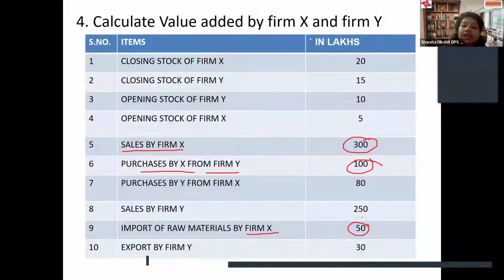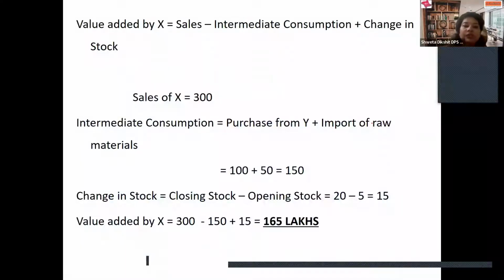Now comes change in stock. Change in stock is closing stock minus opening stock. So closing stock of firm X and opening stock of firm X are 20 and 5. So 20 minus 5 is equal to 15. Now coming to the solution of this question. You see, value added by firm X: sales, IC, and change in stock. Sales is 300, I just showed it to you.